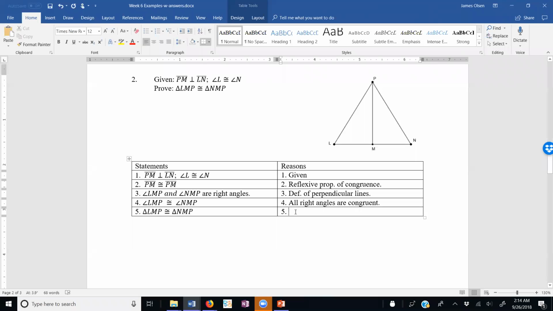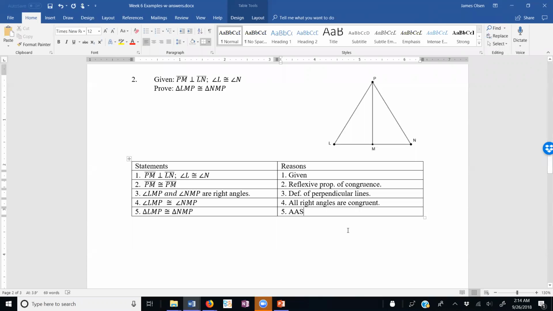And my reason over here is angle-angle-side. When we're using angle-angle-side, we need to make sure that we have angles congruent in two different places and sides congruent, and the side would not be included between the angles.